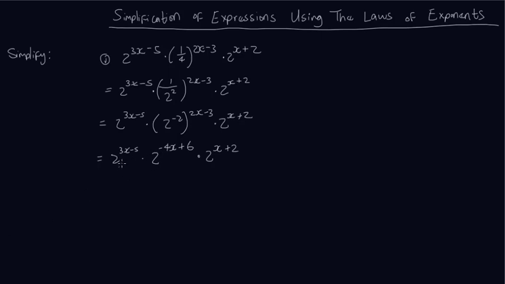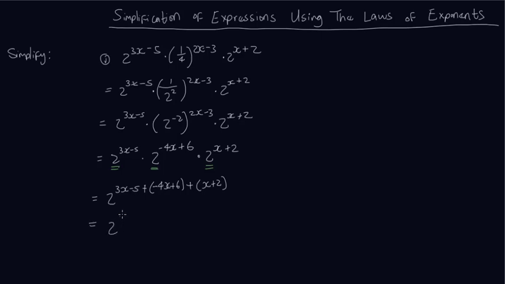We see the same bases, and when multiplying, we add the exponents. It's going to be 2 to the exponent 3x minus 5, plus the exponent minus 4x plus 6, plus the exponent x plus 2.